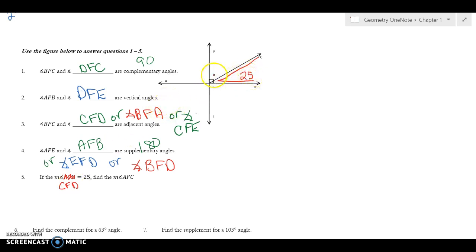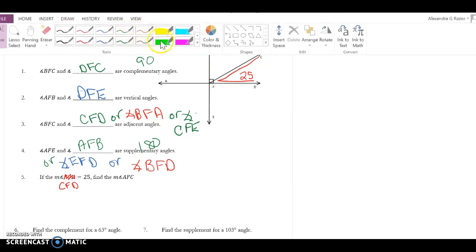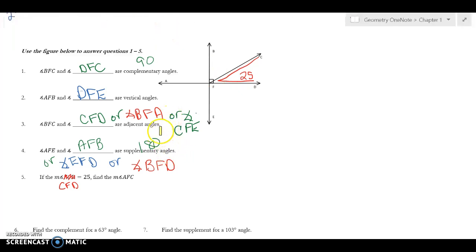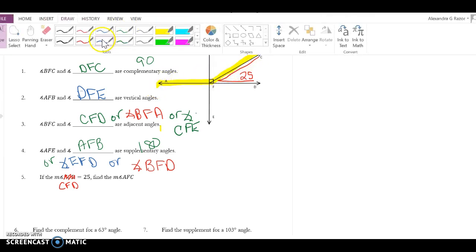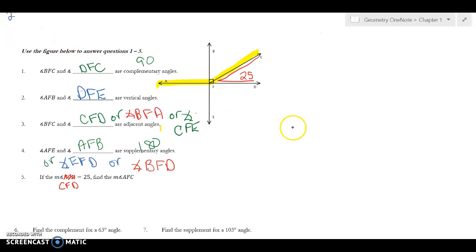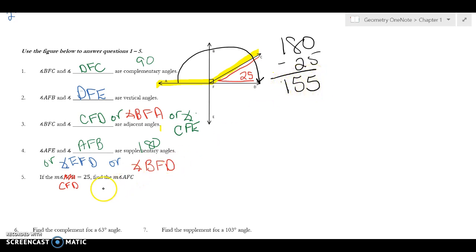And the question's asking for you to find A to F to C. Well, hopefully you recognize that these two angles here, they're a linear pair. They make a straight line, so they add up to 180. So 180 minus 25 is 155. So angle AFC equals 155.